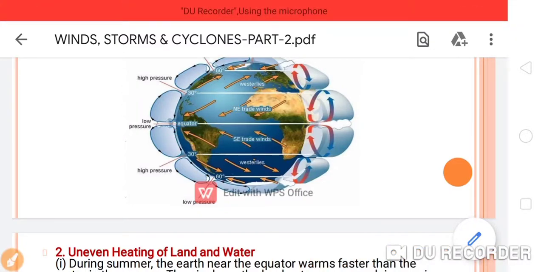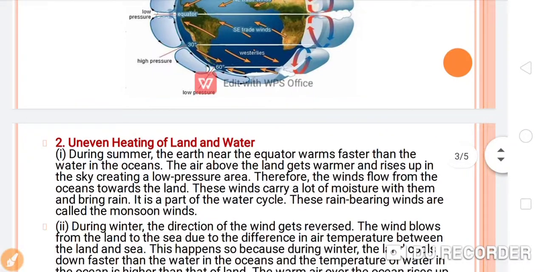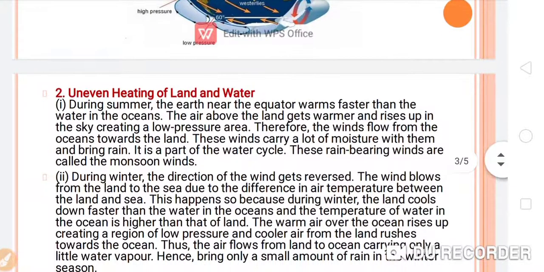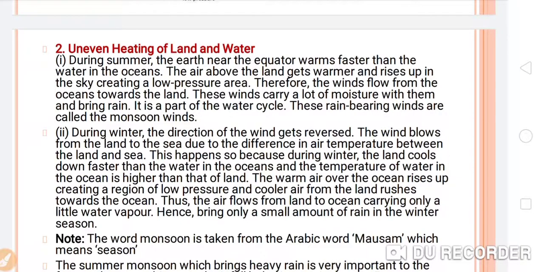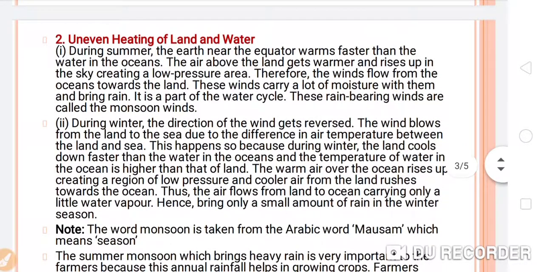Now next, uneven heating of land and water. So what will be the effect of these things? During the summer the land near the equator warms faster than the water in the oceans, as you know. The air above the land gets warmer and rises up in the sky, creating a low pressure area.